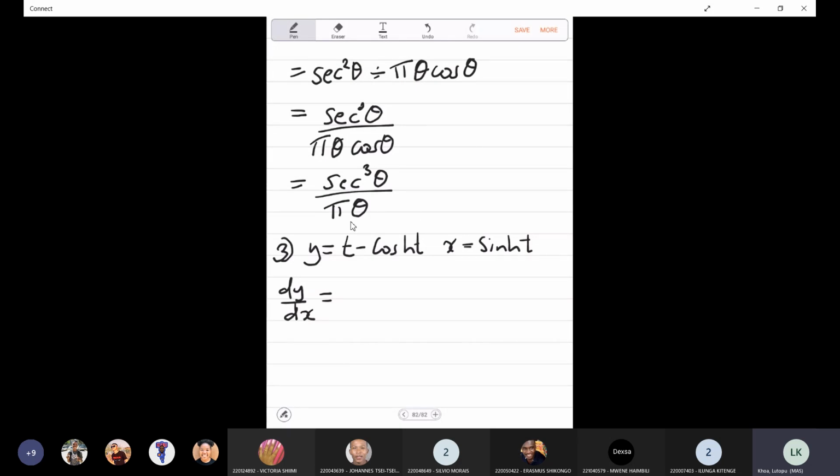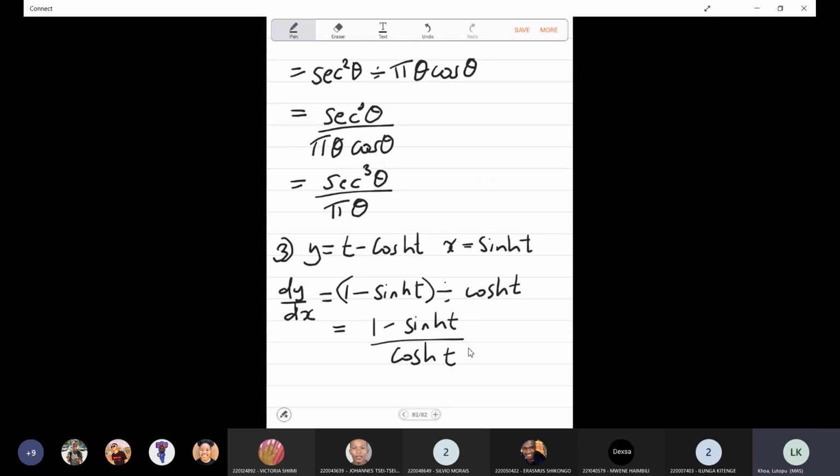So differentiate y with respect to t, and the derivative of that is 1 minus hyperbolic sine of t, and this is divided by the derivative of x with respect to t, which is cos hyperbolic of t. This is just 1 minus sine hyperbolic t over cos hyperbolic t.